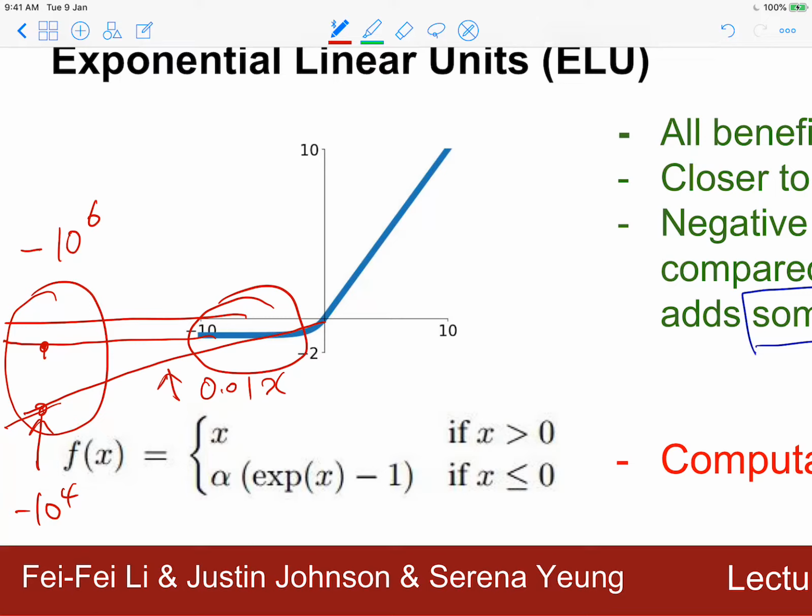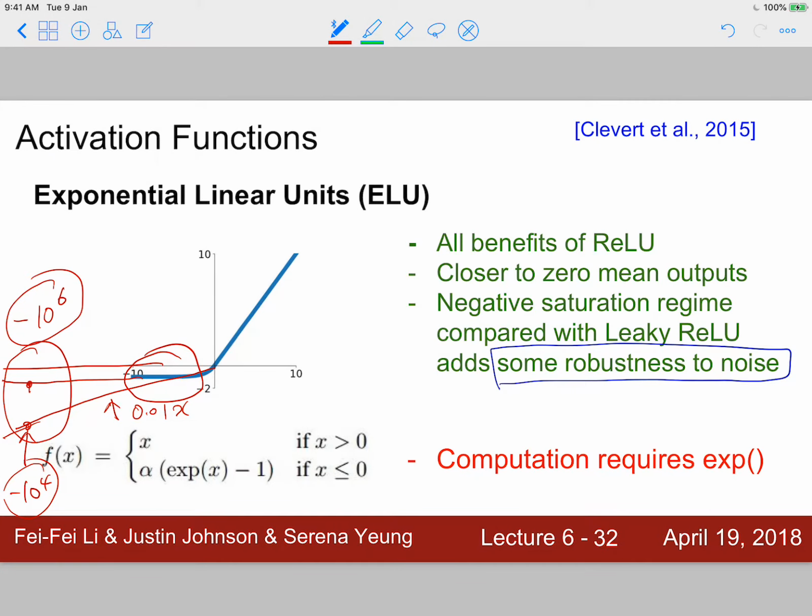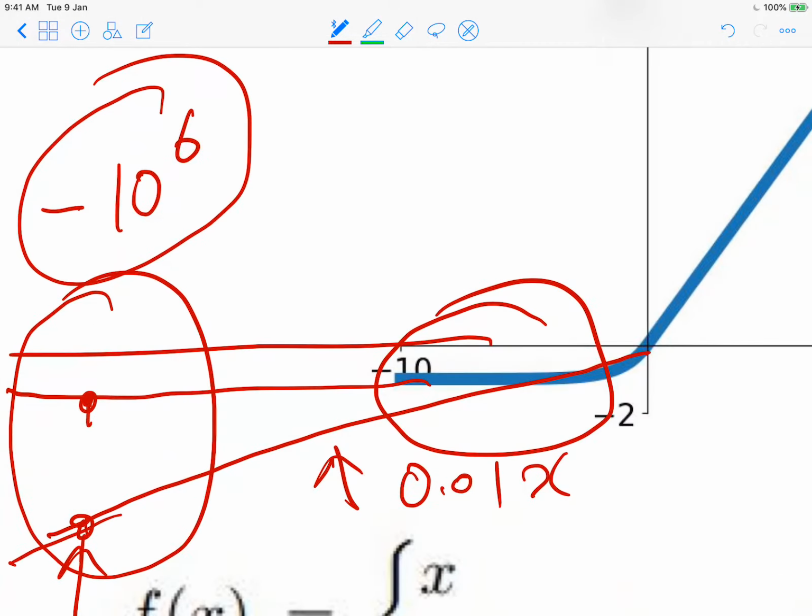And if this is a value that we actually have to completely remove, then this noisy information will be passed to the next layer, right? So that way, this ELU has some robustness, keeping those outputs in the negative region close to 0.